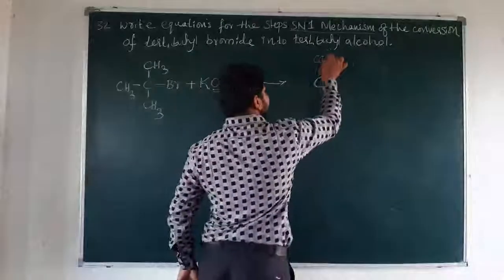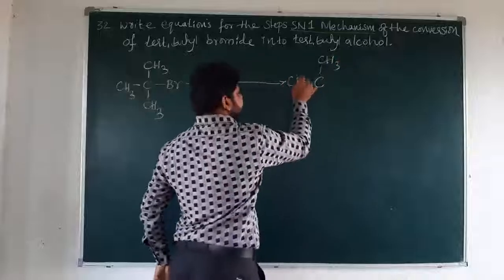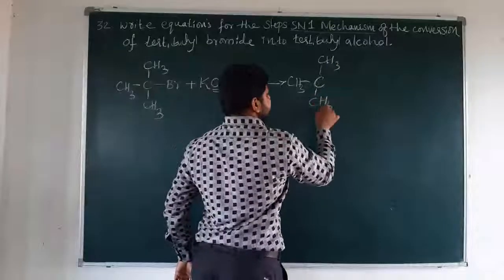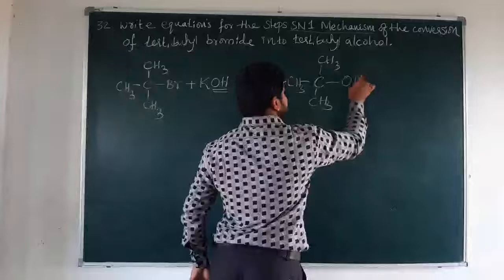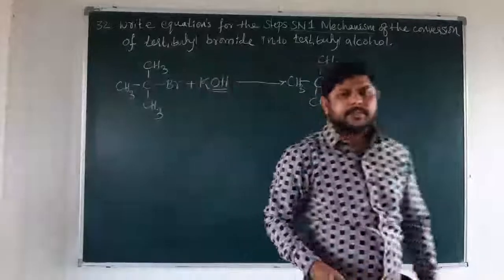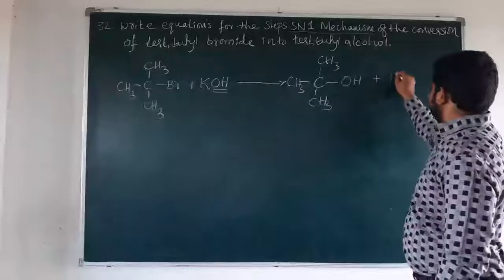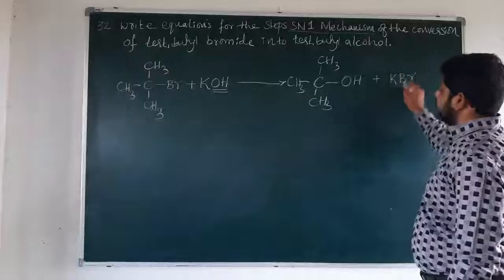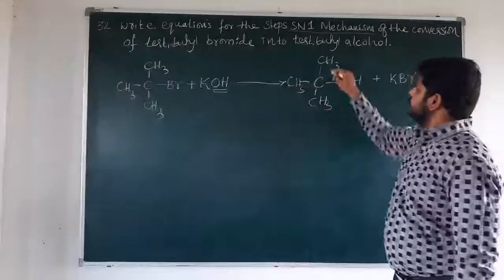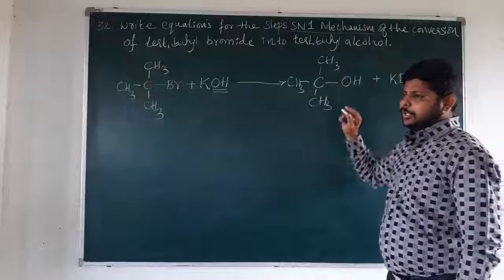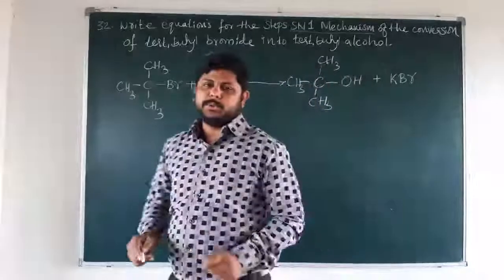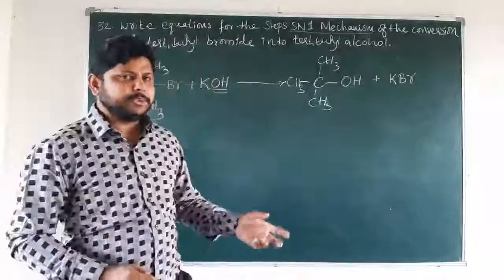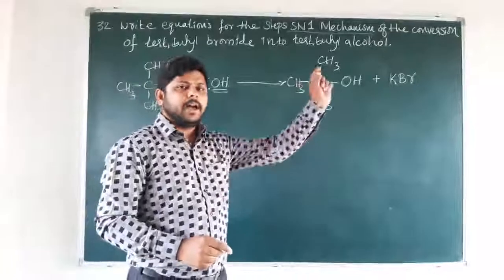Here it will be changed into tertiary butyl with OH in the place of Br. The remaining K plus and that Br forms KBr, potassium bromide. So this is tertiary butyl alcohol. In this reaction, tertiary butyl bromide is converted to tertiary butyl alcohol.